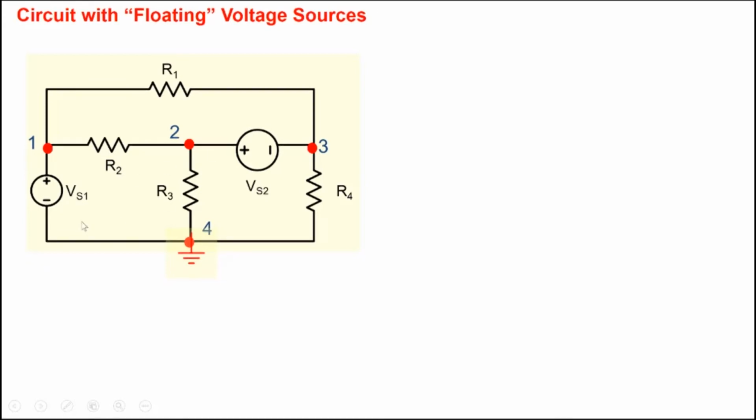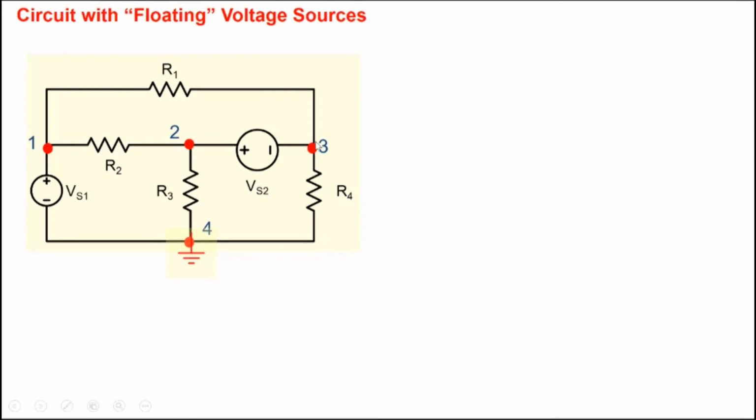Now, if you look at this voltage source versus this voltage source, this one has one of its terminals grounded, and the other gives us the value expected of Vs1. This particular voltage source has both terminals non-zero, or non-grounded.